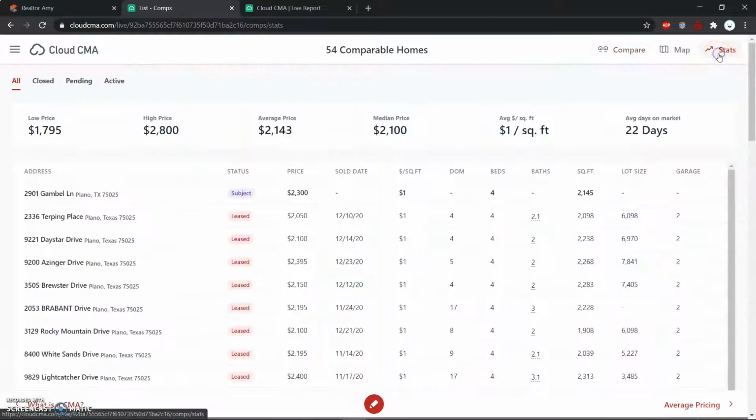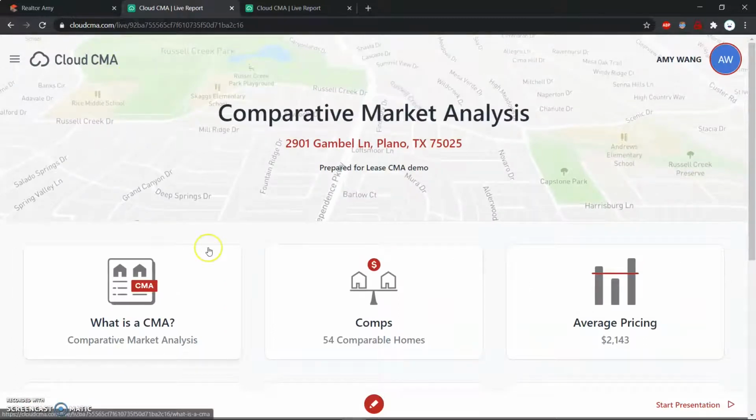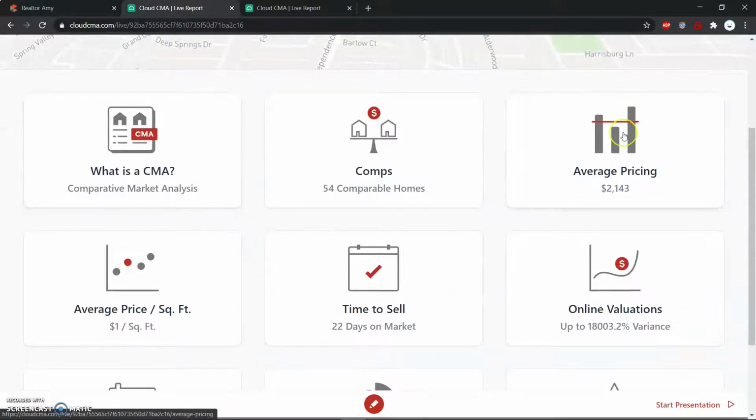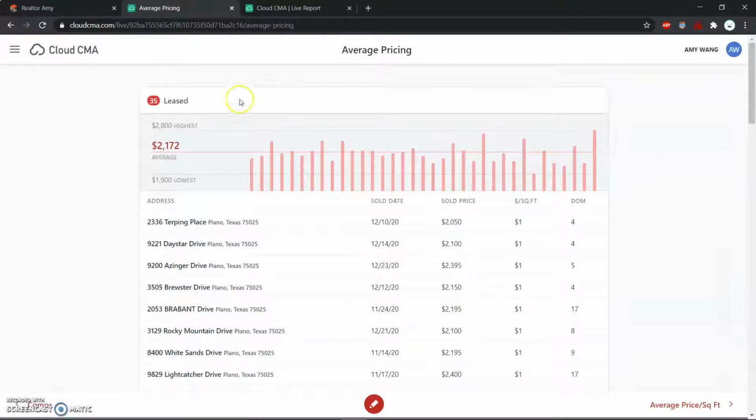You can also click statistics, which offers the traditional CMA, and you can see the lowest price of all the comparable houses. You can choose the closed deals, lowest price, and highest price. This is for lease, and this is the average price.